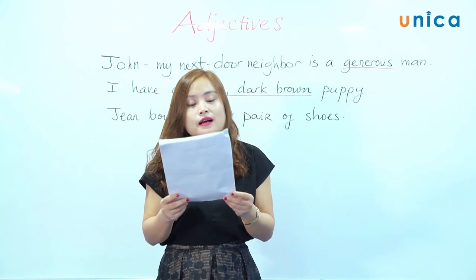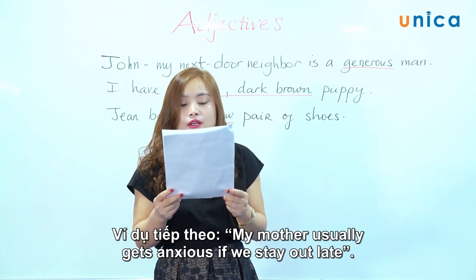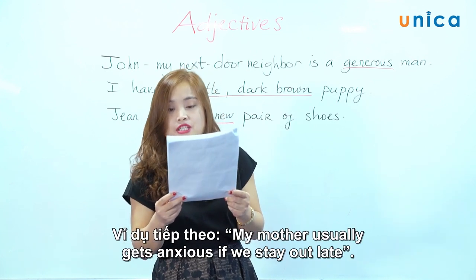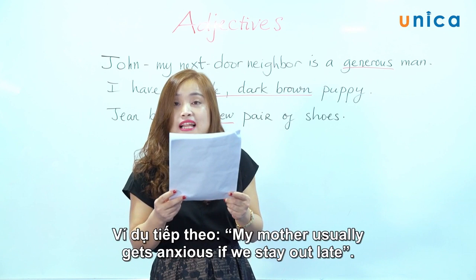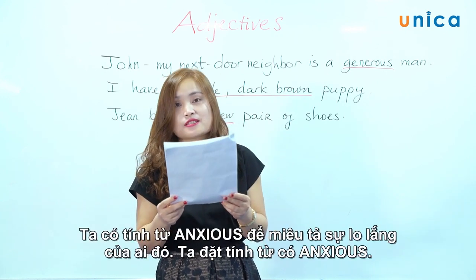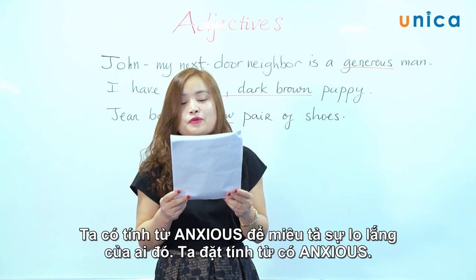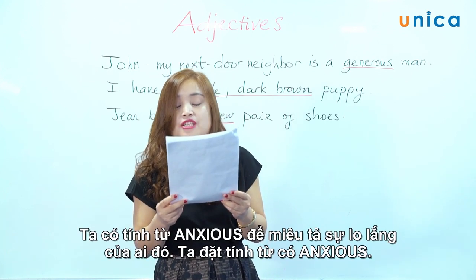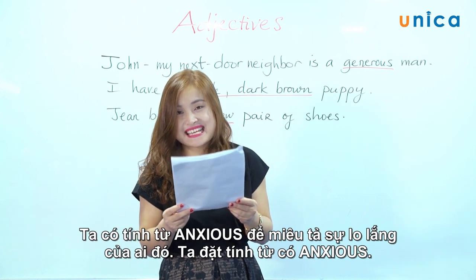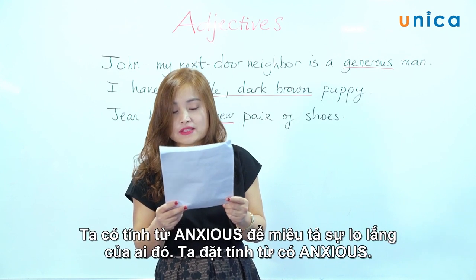The next example is: My mother usually gets anxious if we stay out late. So we have the adjective anxious to describe somebody who is quite nervous, and we place the adjective anxious after the main verb get to describe emotion or feeling.